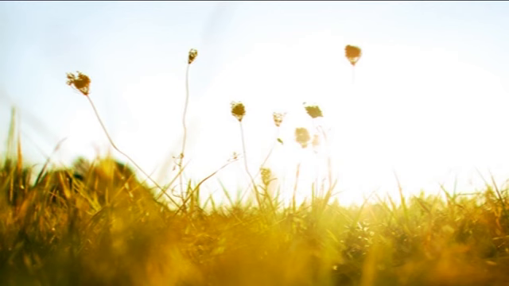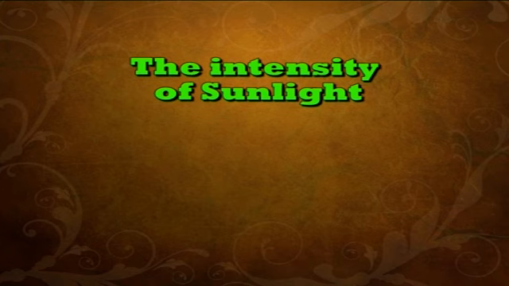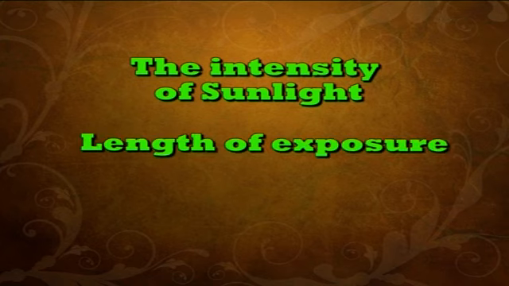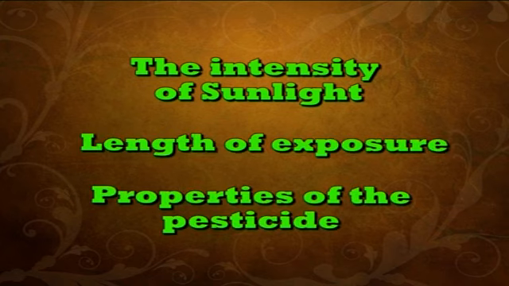Photodegradation is the breakdown of pesticides by sunlight. All pesticides are susceptible to photodegradation to some extent. The intensity of sunlight, length of exposure, and properties of the pesticide affect the rate of photodegradation.